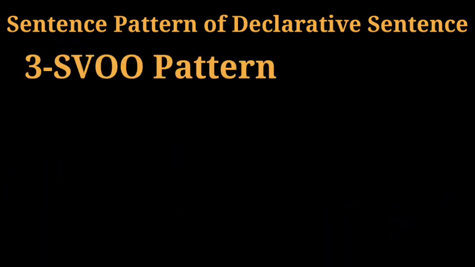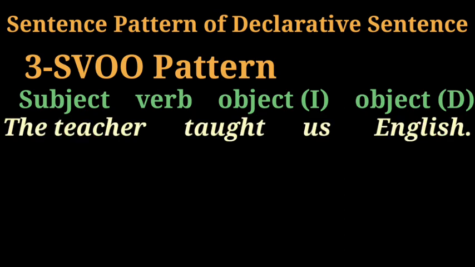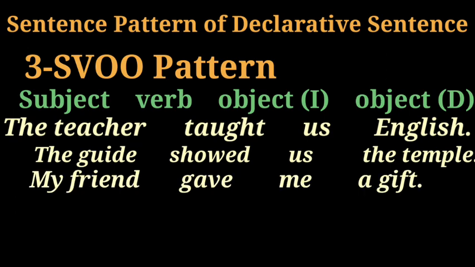Okay, then the third pattern is the SVOO pattern. S stands for subject, V for transitive verb, and the first object is the indirect object and the second object is the direct object. Look at the examples. The teacher taught us English. The guide showed us the temple, and my friend gave me a gift.